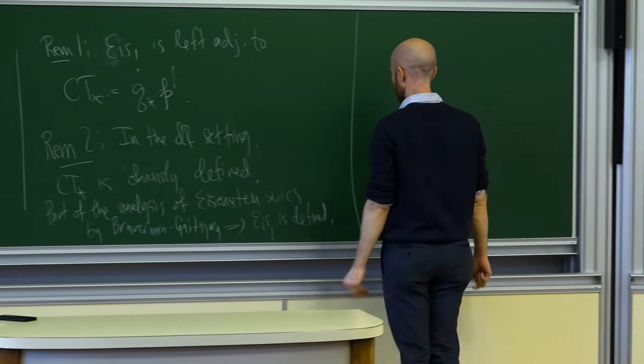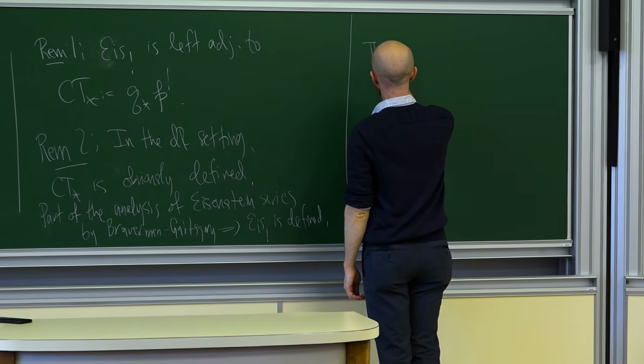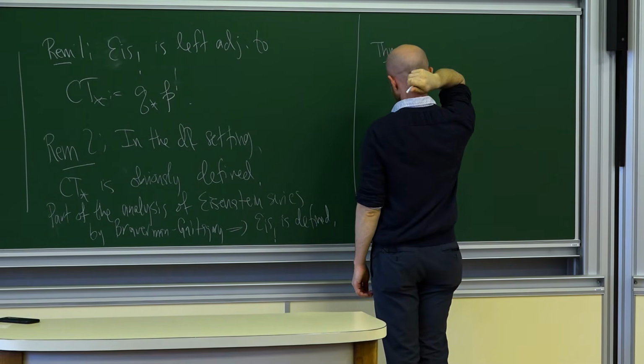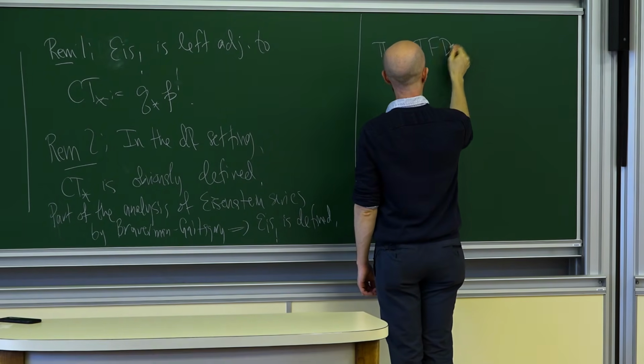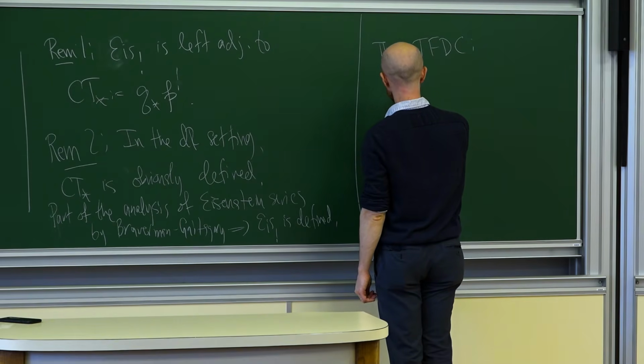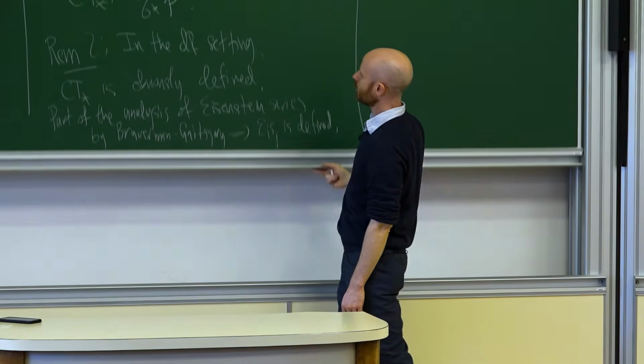And so the theorem, which I want to at least outline the proof of, is that the following diagram commutes. Well, okay, let me hold off on that for just a moment.